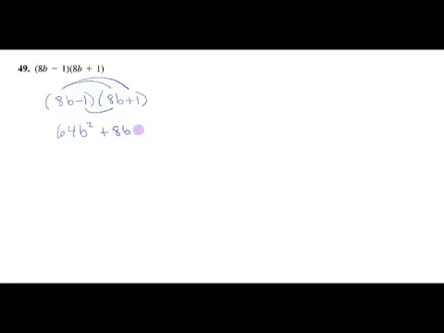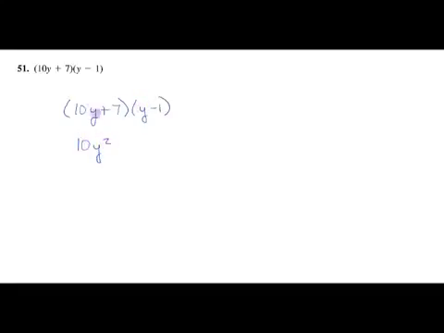And negative 1 times 8b is negative 8b. And negative 1 times 1 is negative 1. Now combining my like terms, the middle terms completely cancel each other out. So I'm left with 64b squared minus 1.